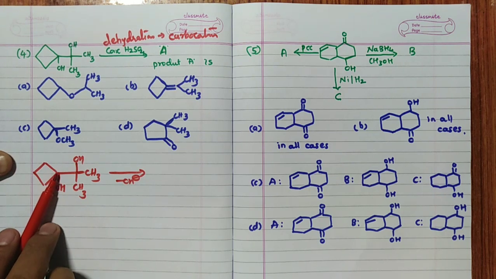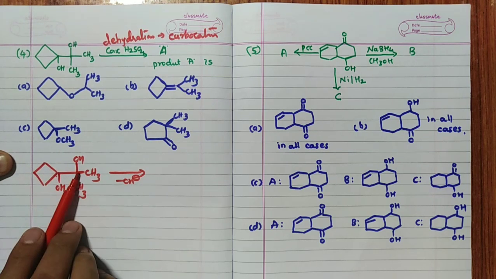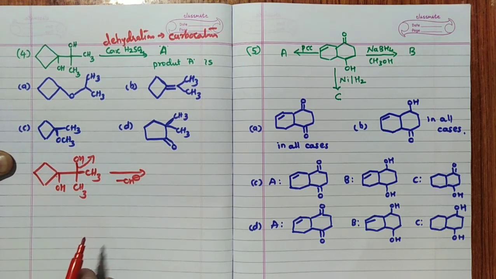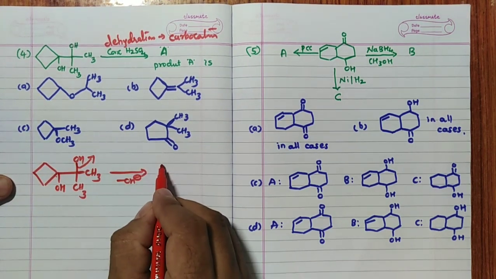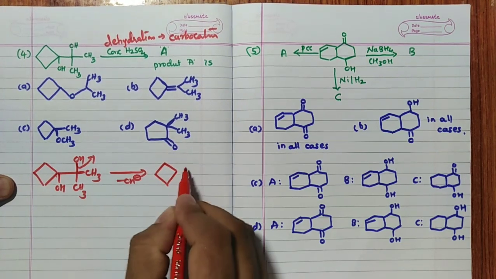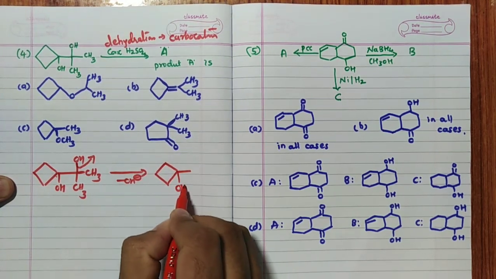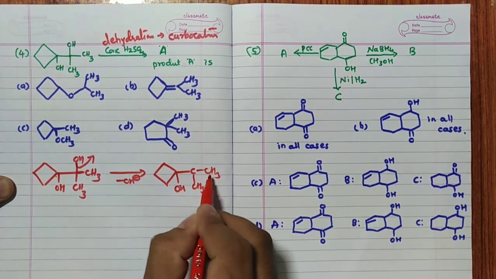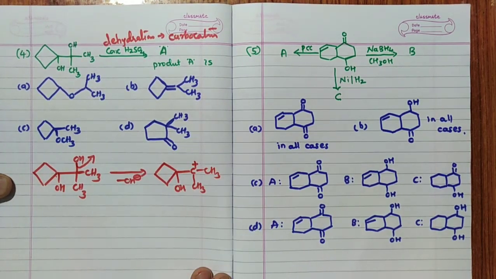If I remove this OH, this is also a tertiary carbocation. But this one is more stable than this because it is attached to a bridge carbon. So hence this is more stable. Hence I will remove this particular OH minus, and the carbocation forms on that carbon. So OH as it is, C, CH3, CH3 plus.